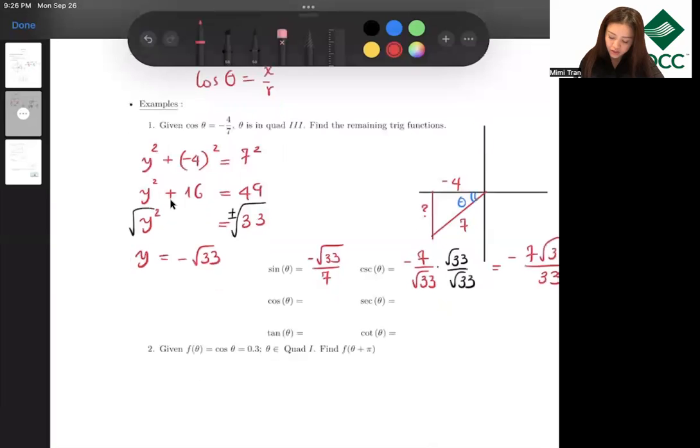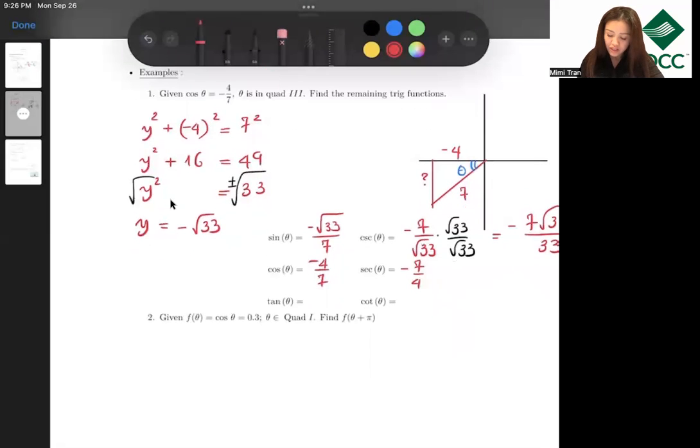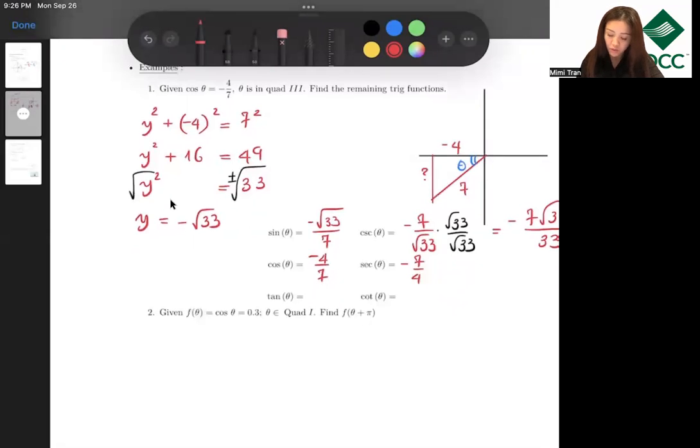Cosine theta is, well, we have it right there, -4/7. And then secant theta is just a flip of cosine theta, so -7/4. And then tangent theta is opposite over adjacent, so y over x.